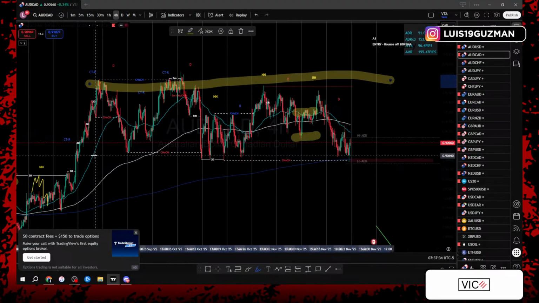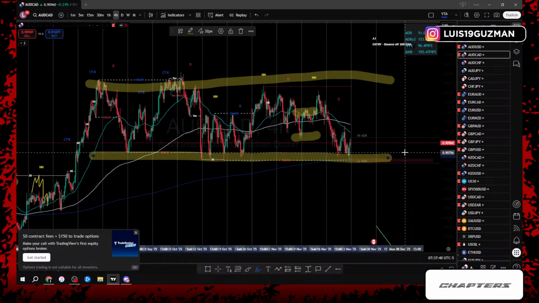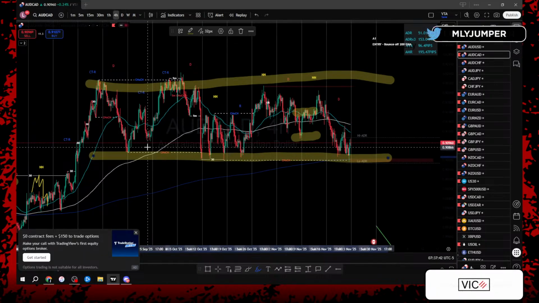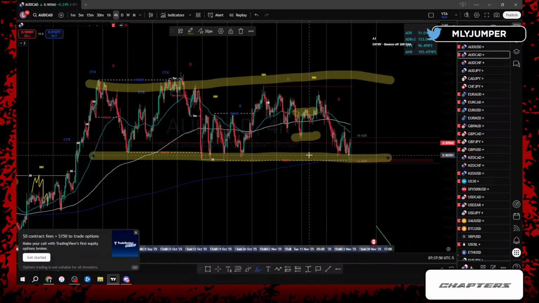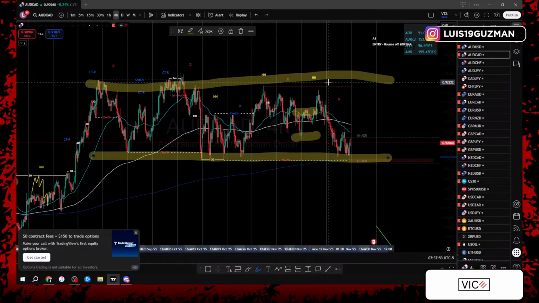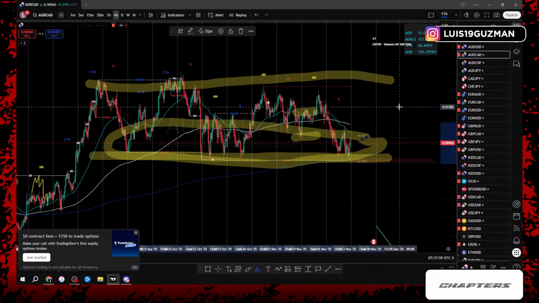Are you looking to take trades going short at the bottom of the zone of consolidation? Or would you be looking to take shorts at the top of the zone of consolidation? And the answer to that is the top of the zone of consolidation. So the fact that price right now is at the bottom, I'm not looking to take entries.